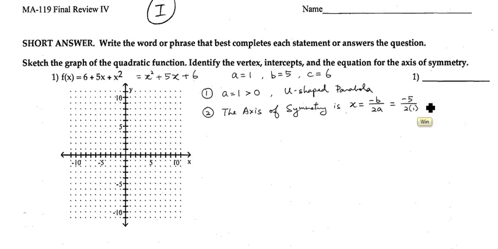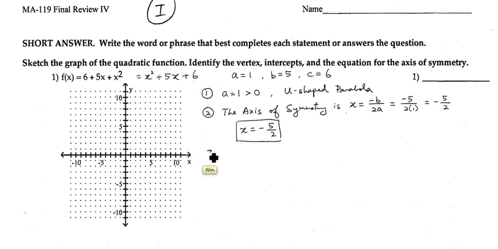So that would give you negative 5 over 2. So x equals negative 5 over 2 will be the axis of symmetry. That is indeed negative 2.5.